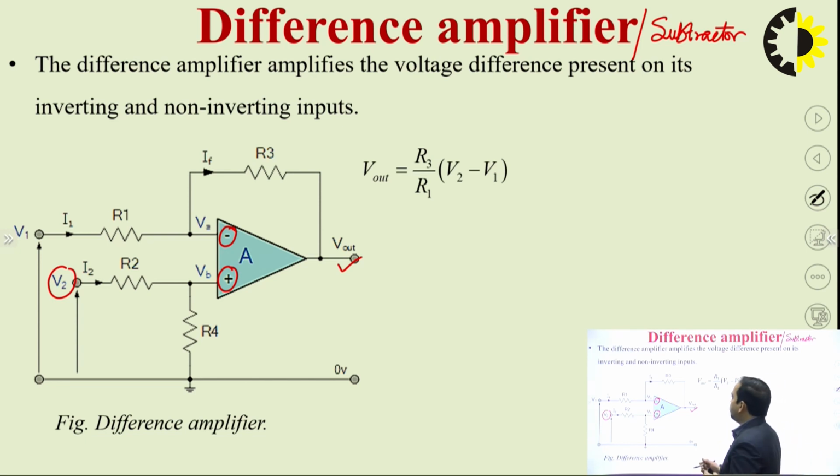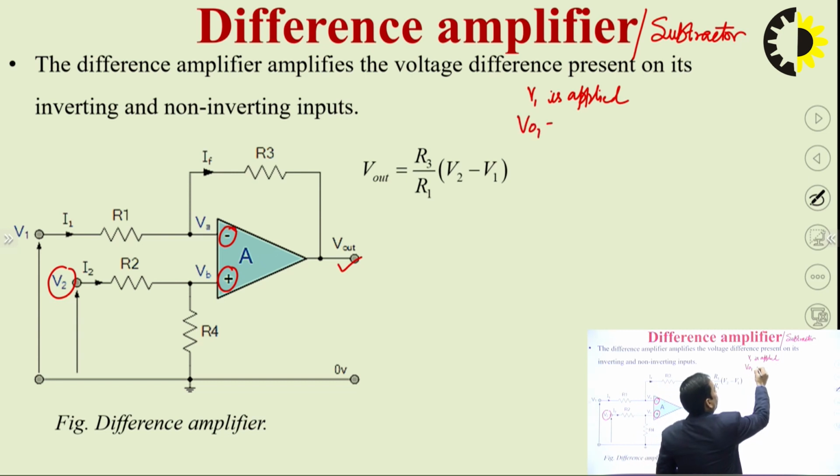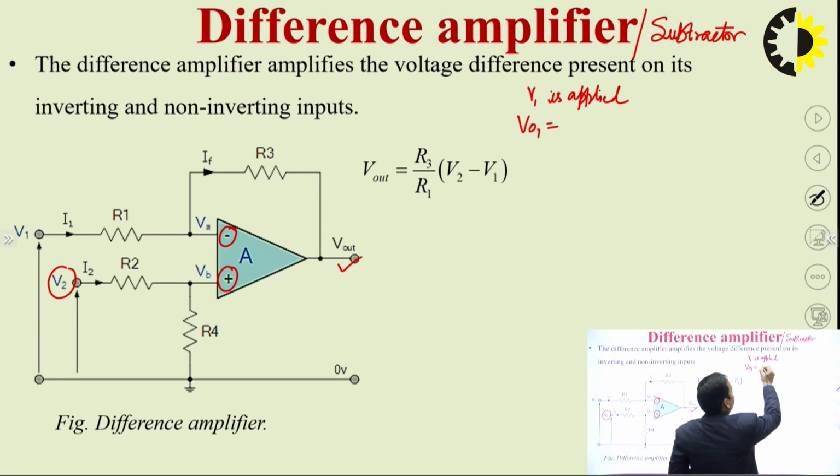So first of all, when V1 is applied and V2 is open circuit, the output V01 is nothing but an inverting amplifier, and the gain of the inverting amplifier is minus R3 by R1 multiplied by V1. This is the first equation.